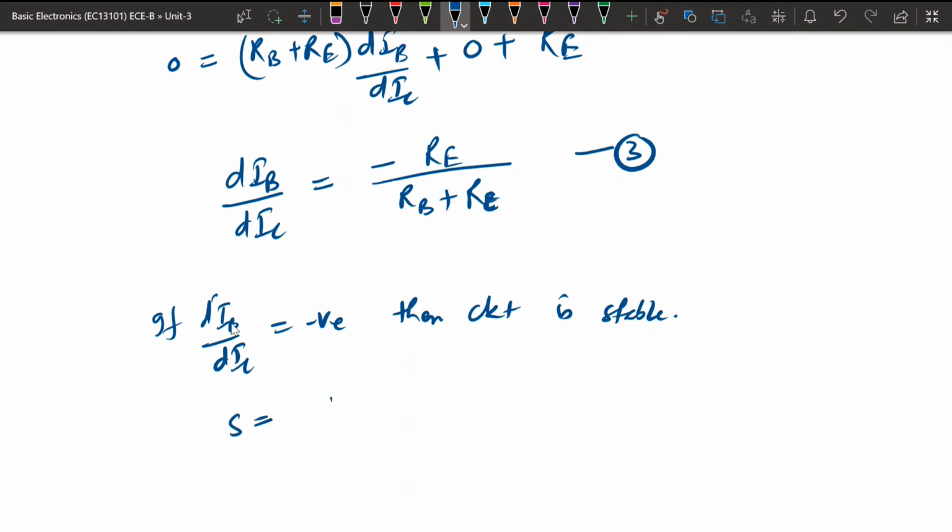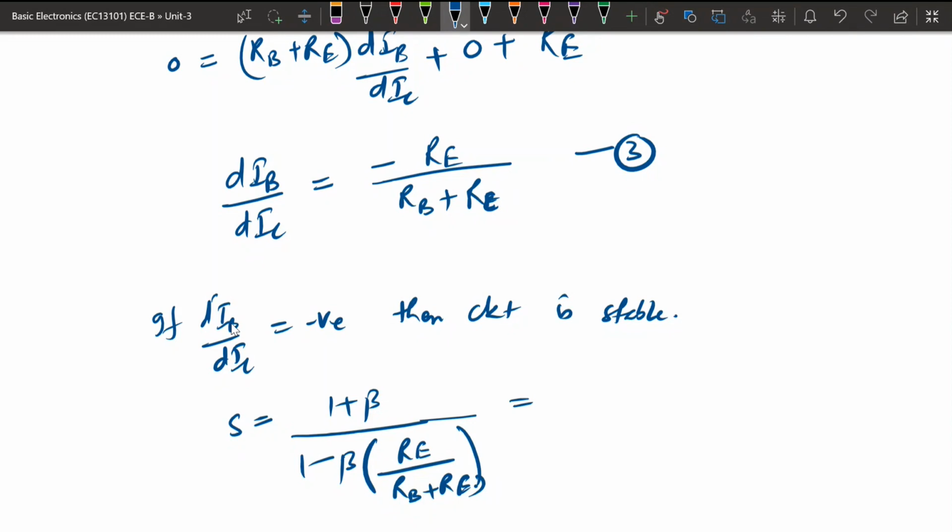Okay, the value will be 1 plus beta times Re divided by Rb plus Re.